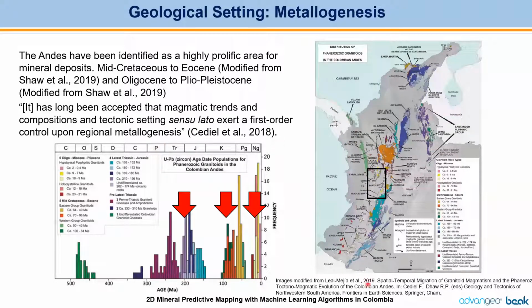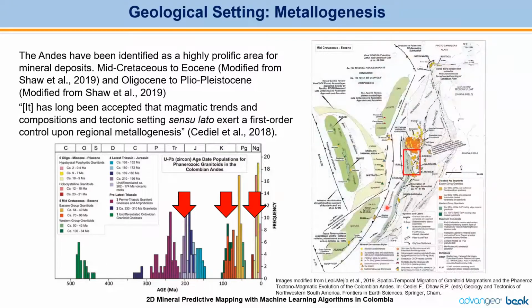This is quite important because in our area of interest, we can find several intrusions. From the analysis, in Colombia there have been at least five metallogenic events or epochs. We find that the mid-Cretaceous to Eocene and Oligocene to Pleistocene are the ones that are most relevant for us in the area of interest.